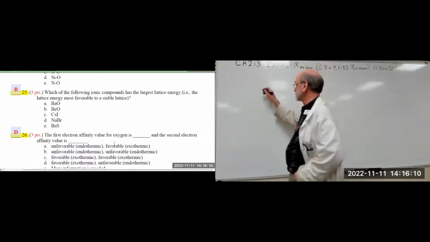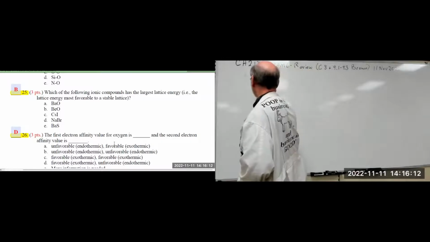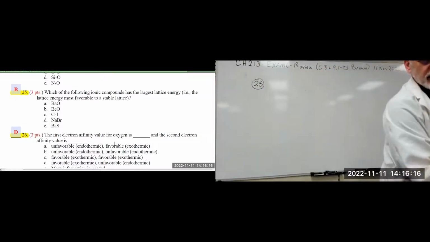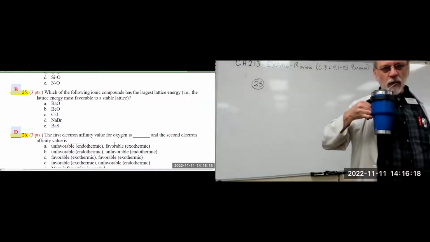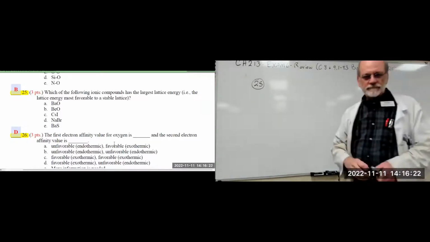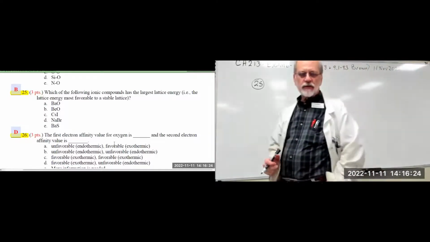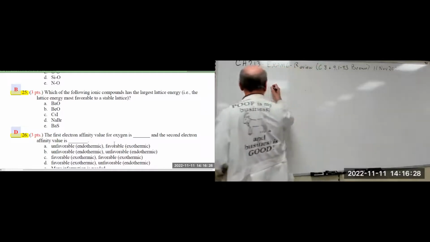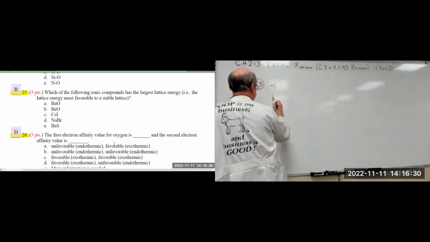25. Which of the following ionic compounds has the largest lattice energy? That is, most stable, most favorable to a stable lattice. Okay, in this one, I might have to put them all up here.